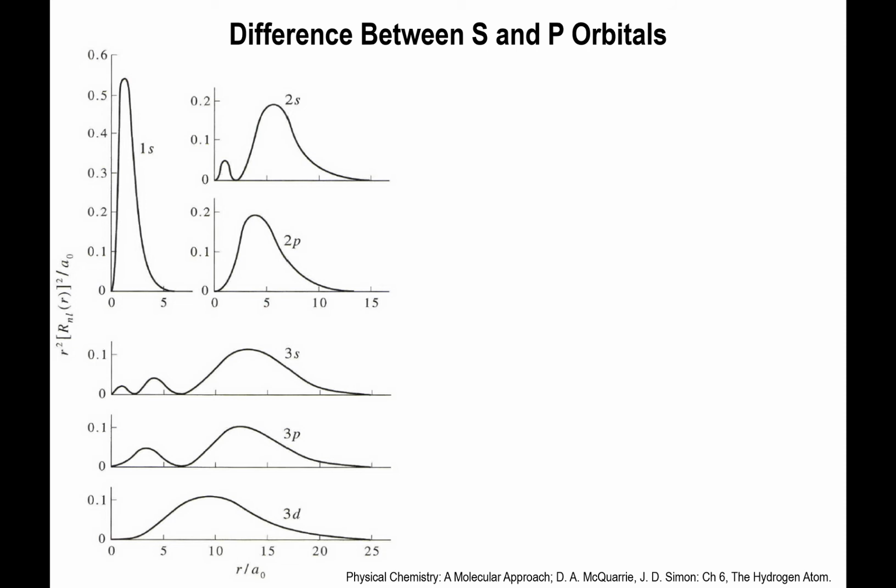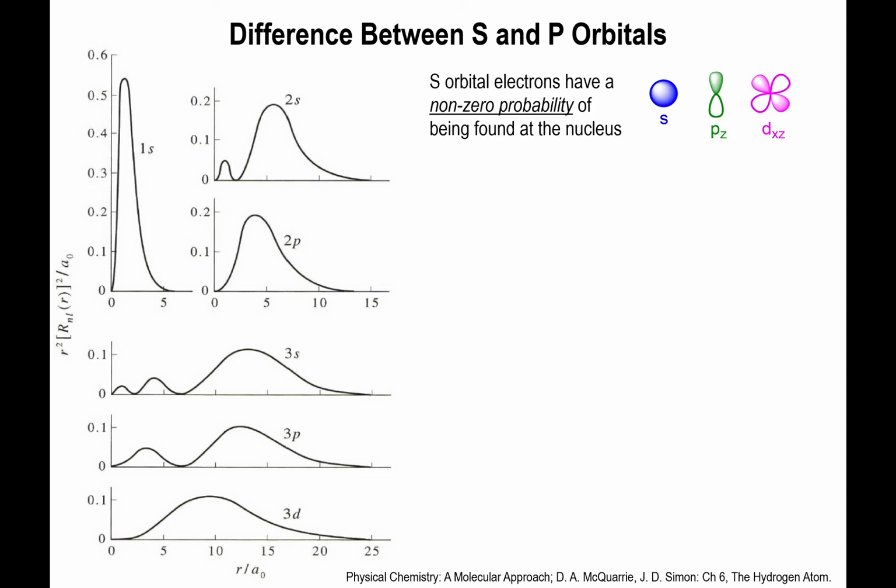But then there's another aspect that I was referring to earlier, and this has to do with how much s and how much p character is present in your hybridization. And the thing is this: s orbitals actually have a non-zero probability of being found at the nucleus.